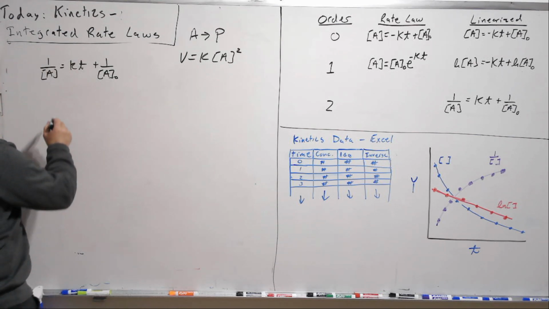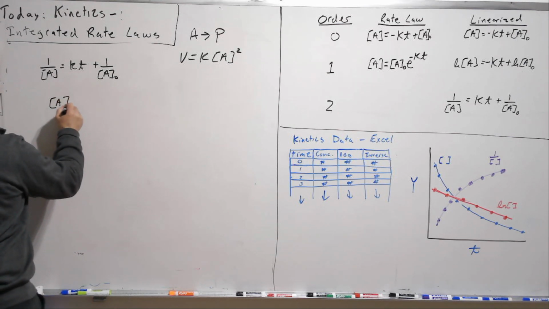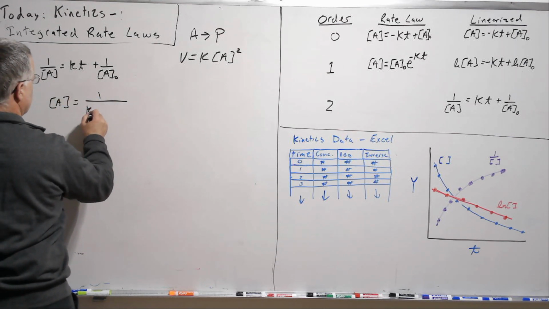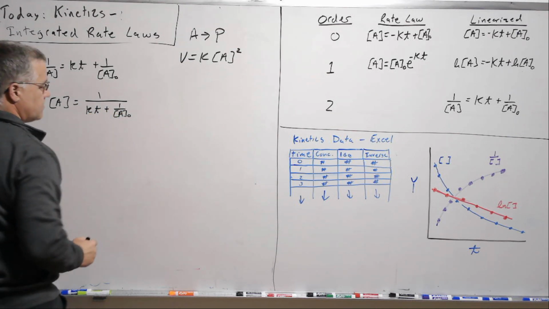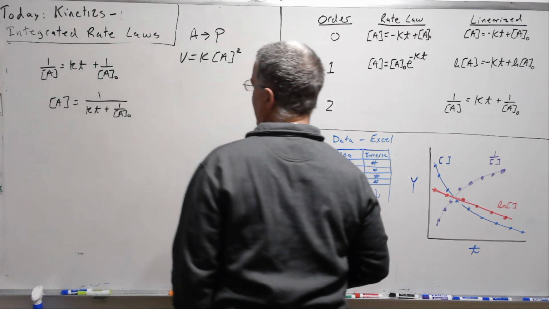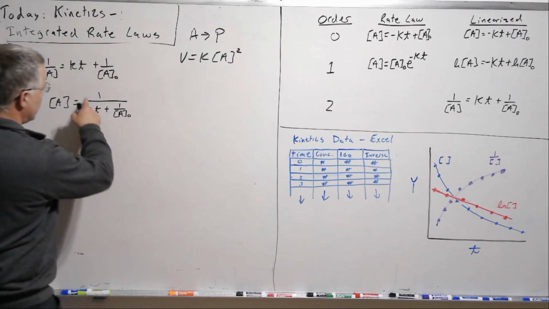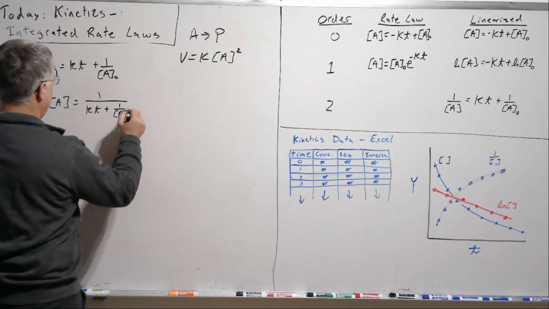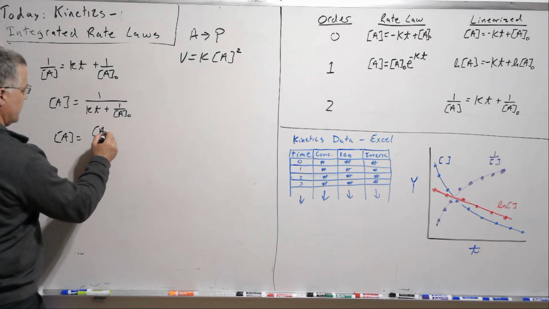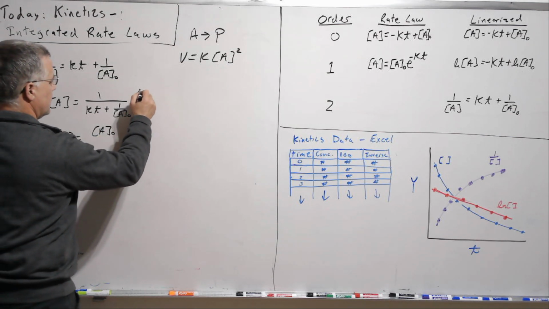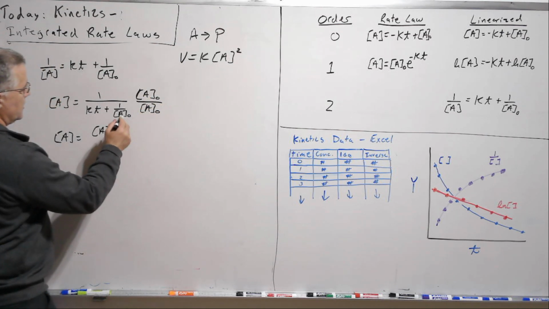And so that's just a matter of reciprocating both sides. I can leave it like this, or I can multiply through top and bottom by A naught. So I'll have A naught over A naught here.